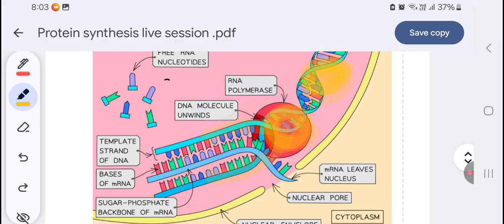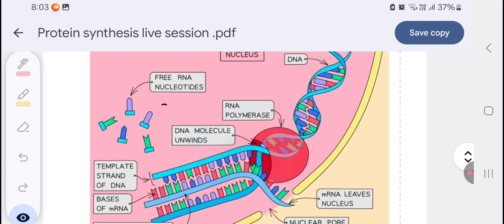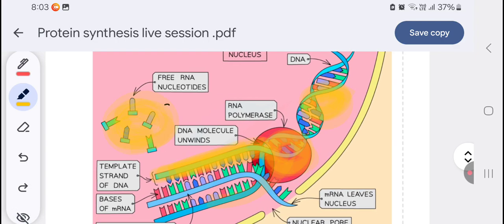Okay? When this single-stranded DNA is exposed, free RNA nucleotides present in the nucleus come and stick to this exposed area of the DNA.